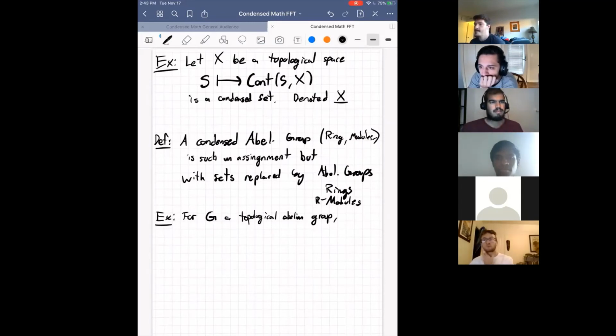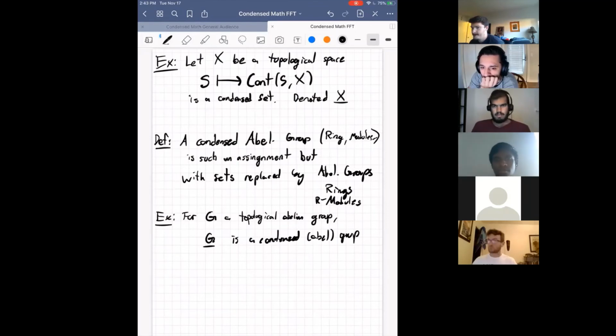And then again, for a topological abelian group G, G underbar is a condensed abelian group. The group law is exactly what you think it is. It's the same thing as before, where f plus g of x equals f of x plus g of x.